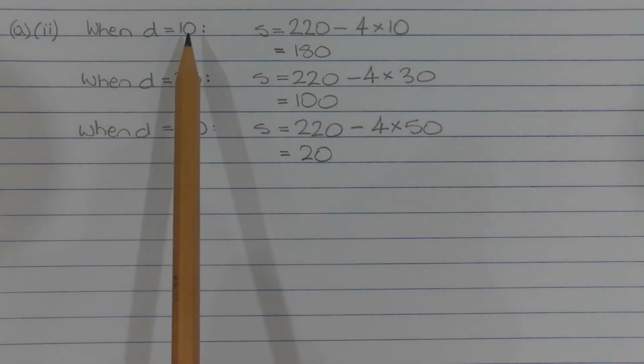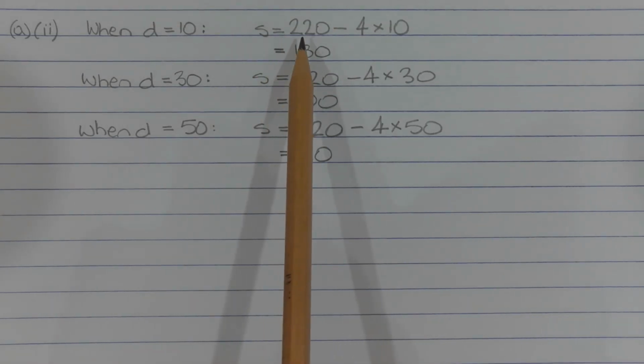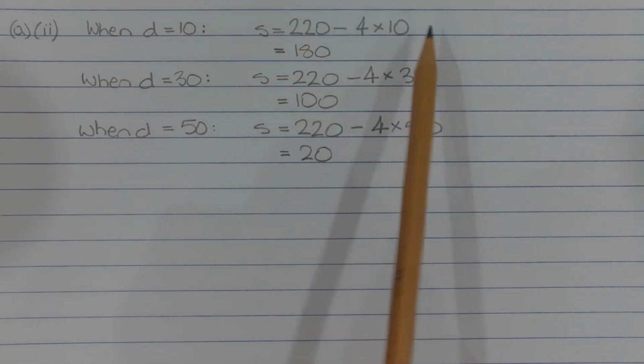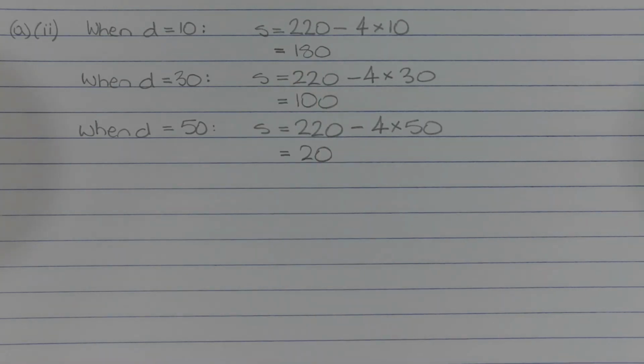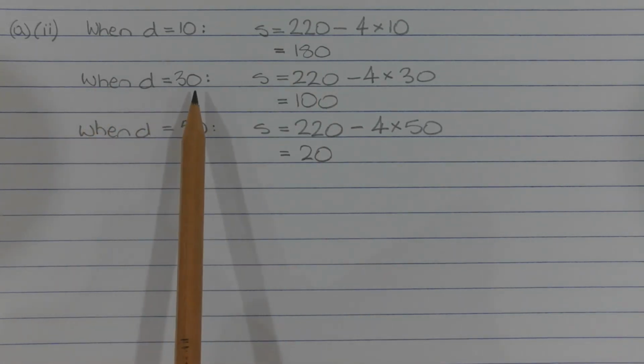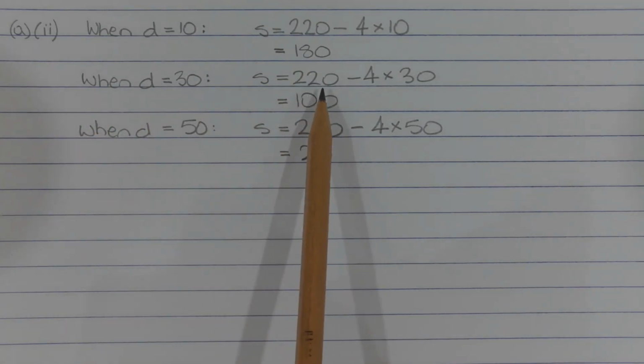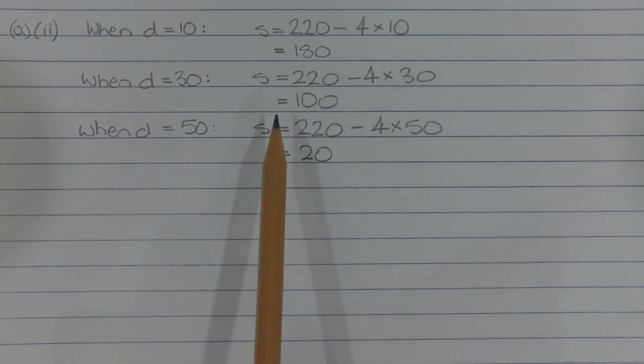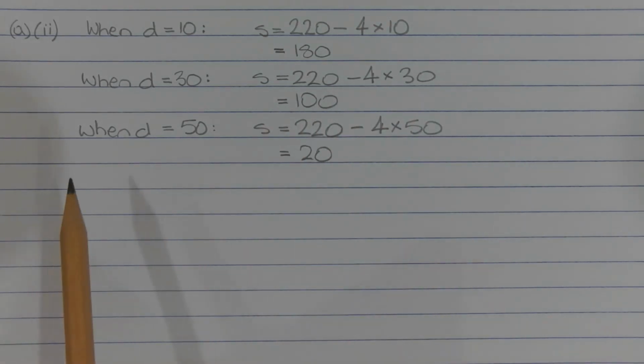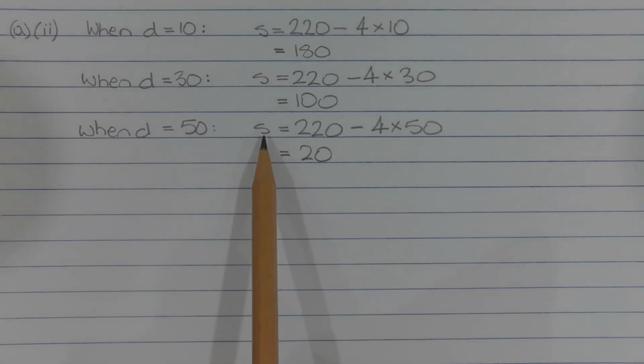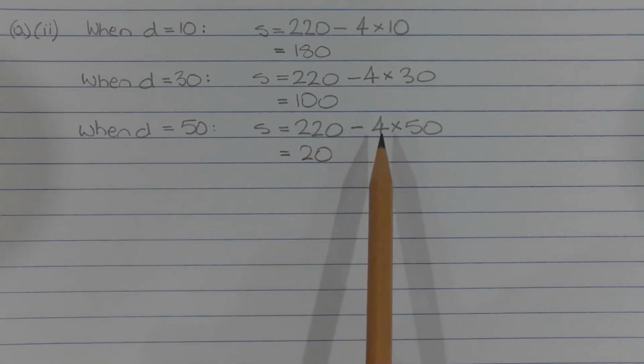When D equals 10, S is equal to 220 minus 4 times 10, which equals 180. When D is equal to 30, S is equal to 220 minus 4 times 30, which equals 100. And when D equals 50, S is equal to 220 minus 4 times 50, which equals 20.